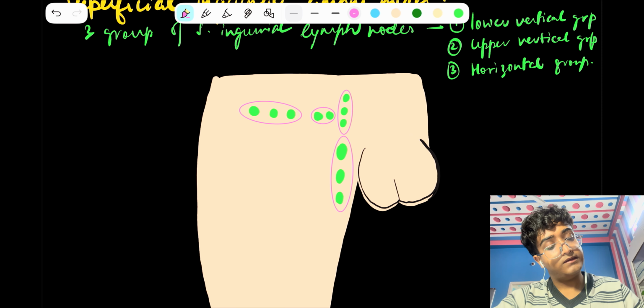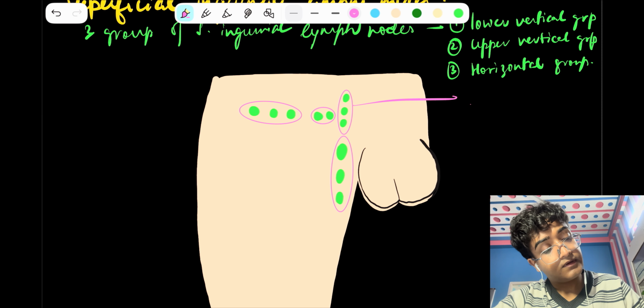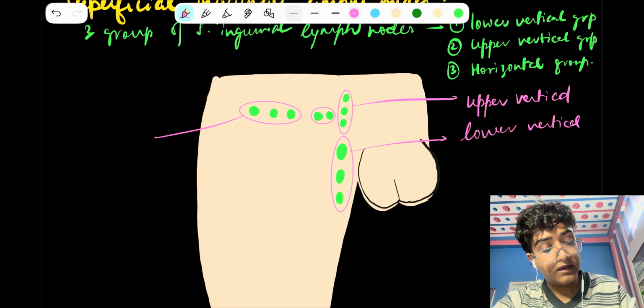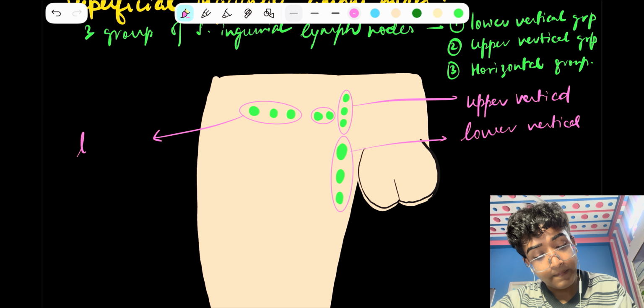This one is the upper vertical, lower vertical, and this is lateral horizontal, and this one is medial horizontal.